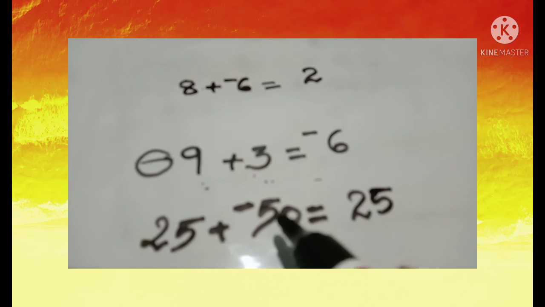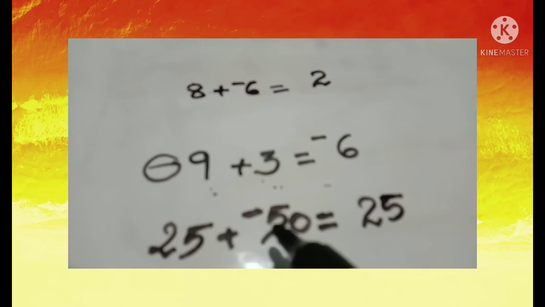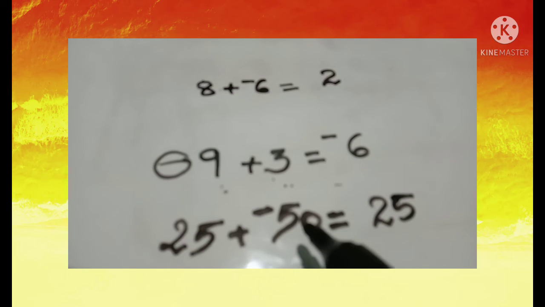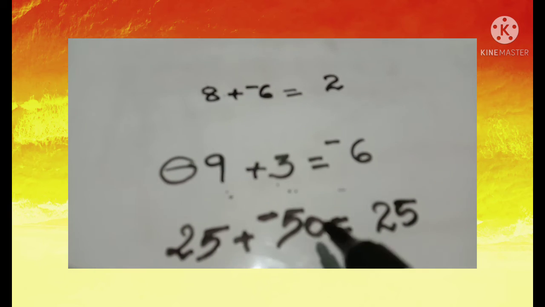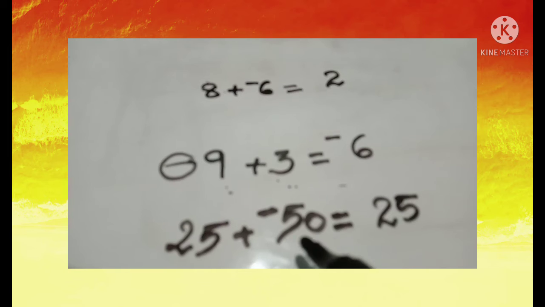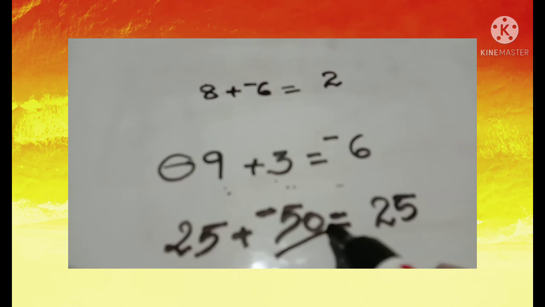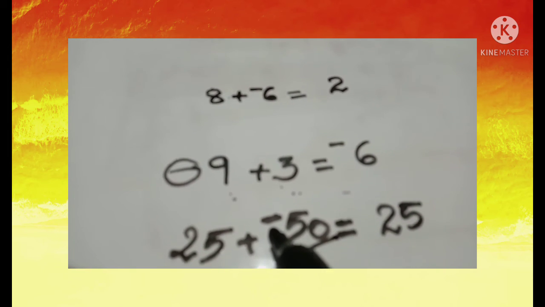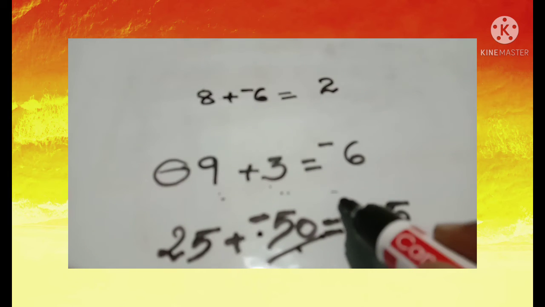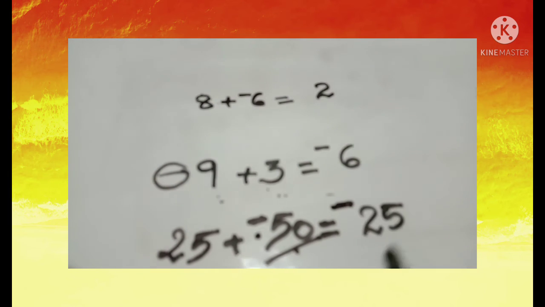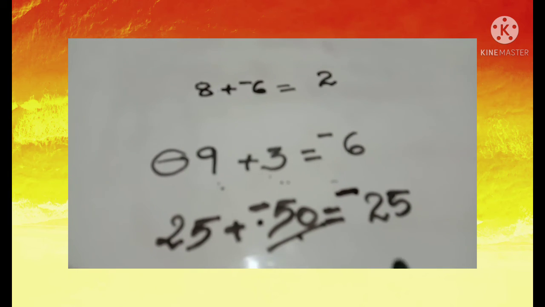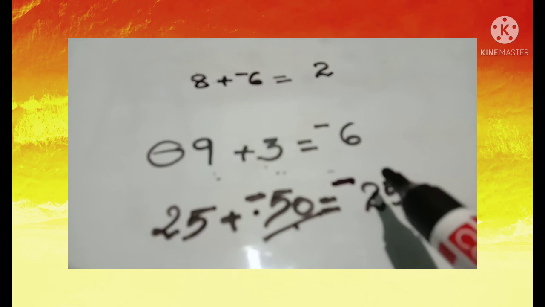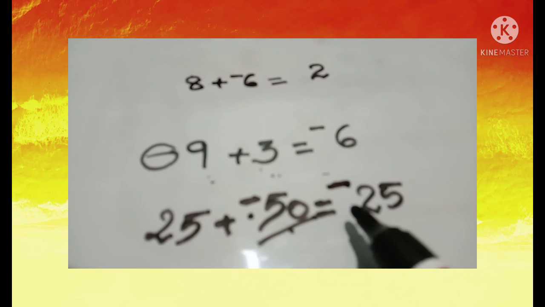Now, what we have to do? Move back to the question. Look at the numbers. Which is greater? Yeah, 50 is greater, right? So, what's the sign of 50? Minus. That minus we have to put here. Don't forget this part, you always forget. Keep in mind.